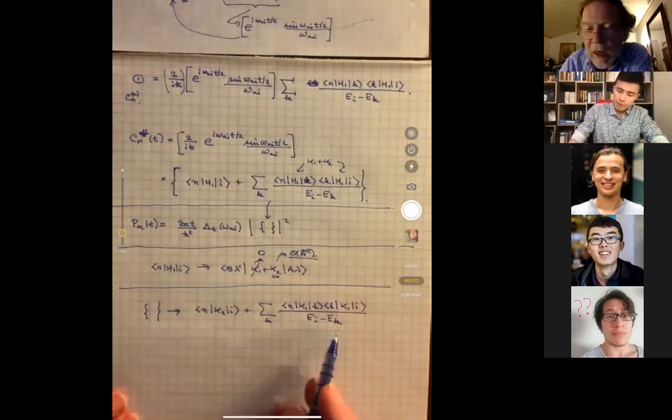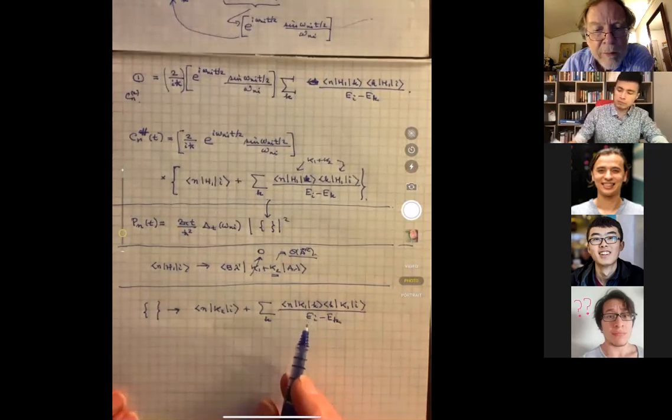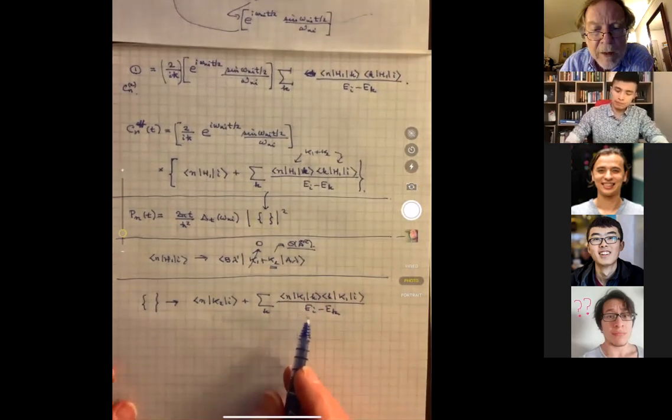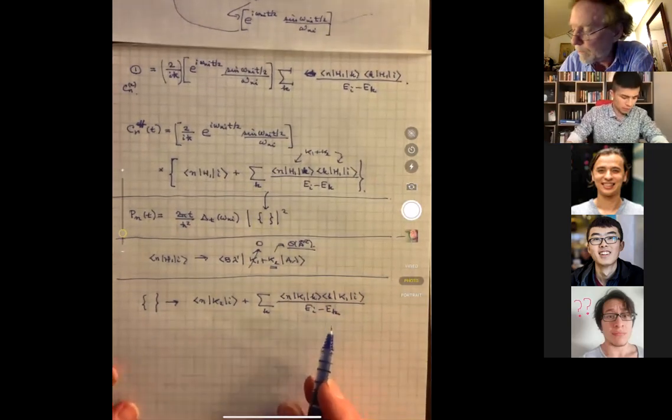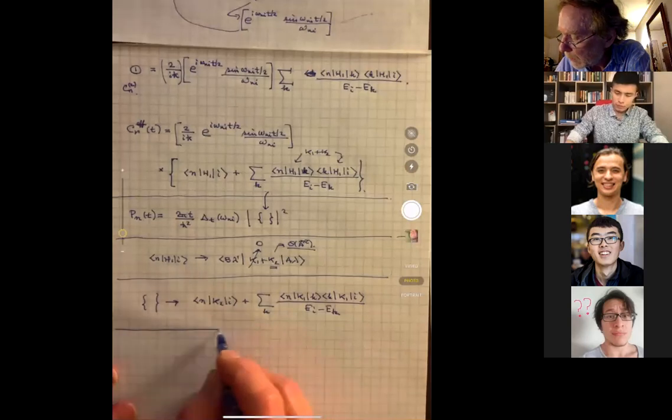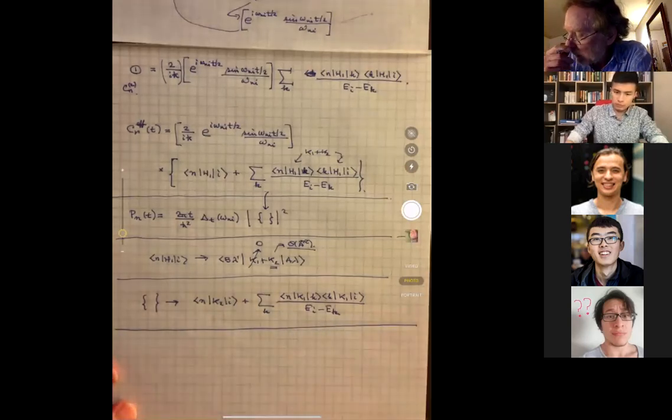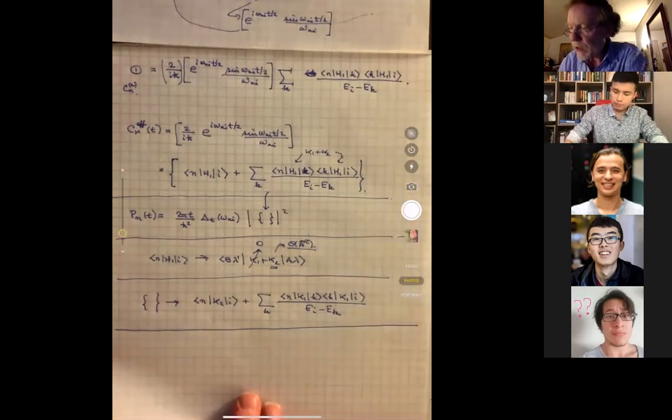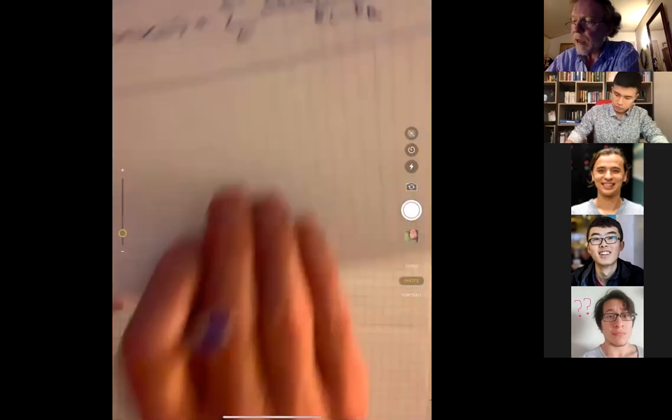By the way, this energy denominator should also remind you of what we did in bound state perturbation theory. It's the same energy denominator, as a matter of fact. All right, so this then is the setup for the actual calculation of the scattering cross section.